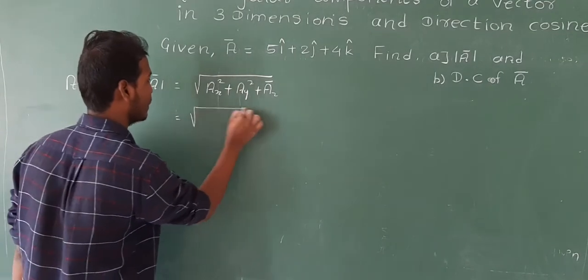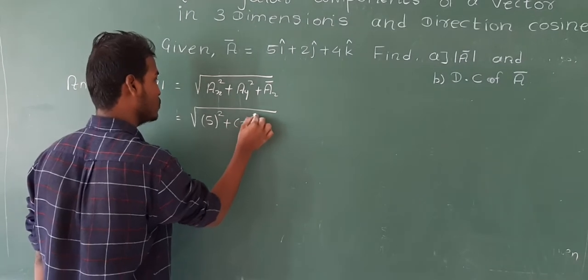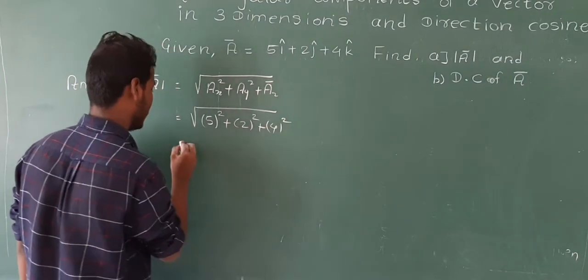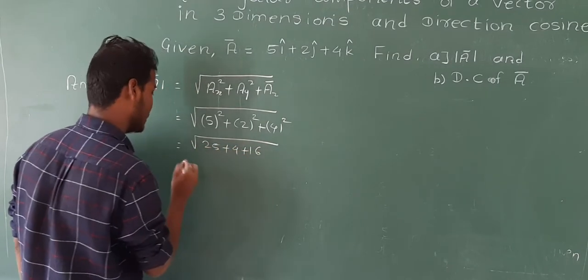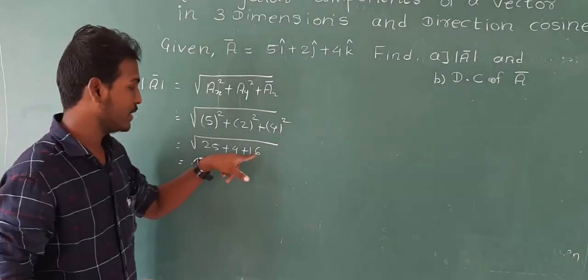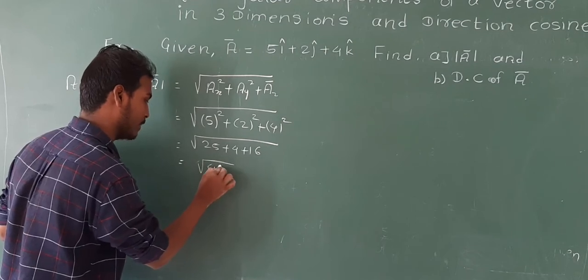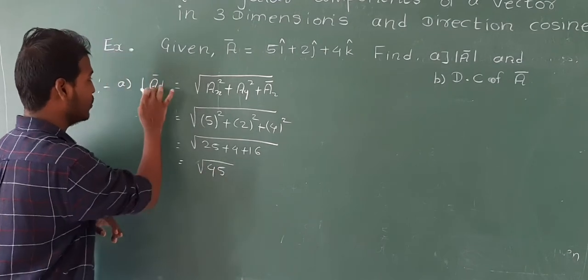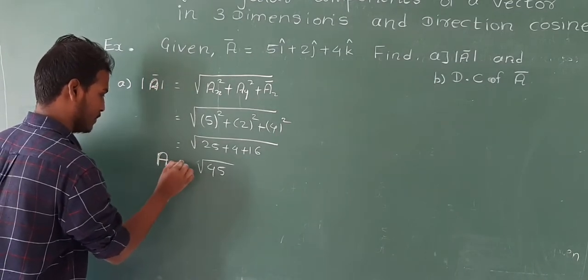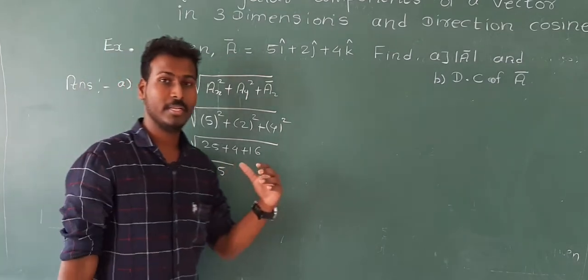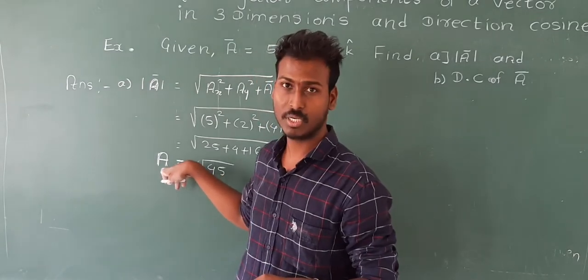So ax is 5, so 5 square plus 2 square plus 4 square equals 25 plus 4 plus 16. You know that 25 and 4 is 29, 29 and 16 is 45. So the magnitude of a bar is the square root of 45. Magnitude of a bar is nothing but a. In direction cosines we took this notation as r, here the notation is a.